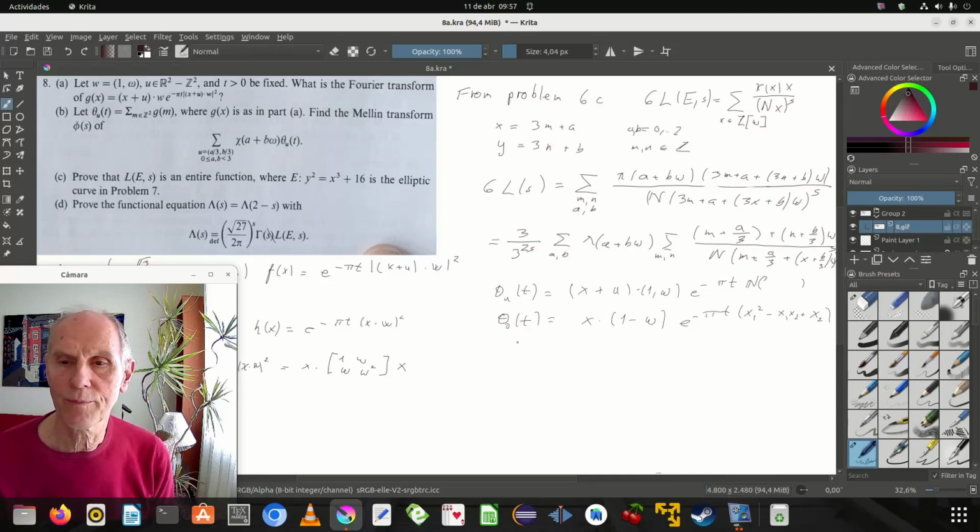And therefore we can start with taking the Fourier transform of this, and then afterwards we differentiate in such a way that we get this.